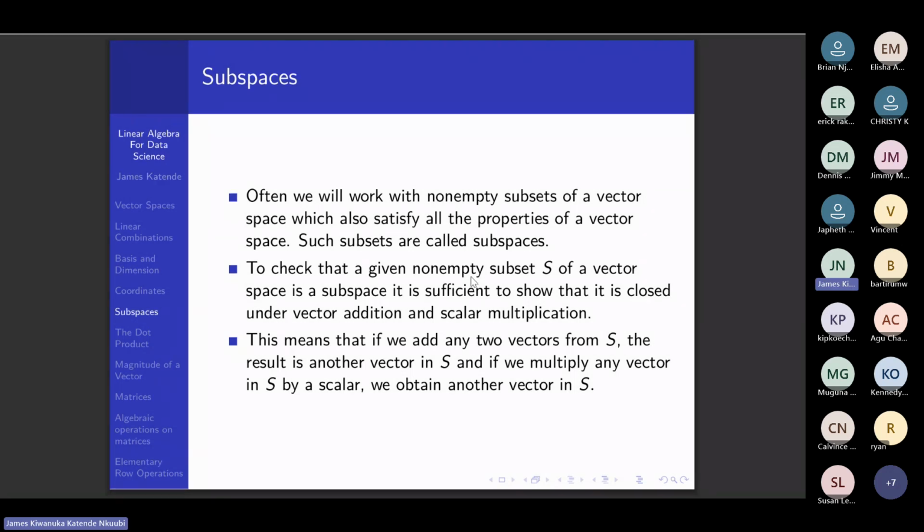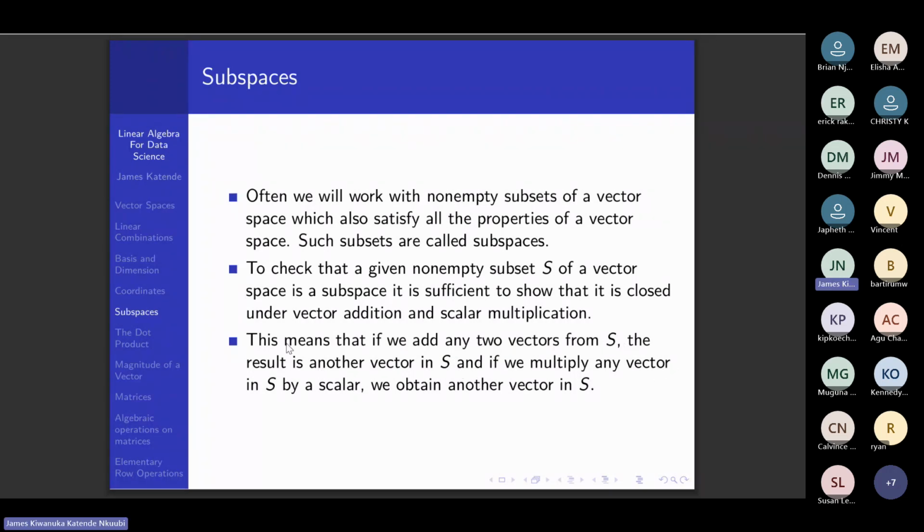So not all subsets are subspaces. We are just interested in the ones that are subspaces. So what does it mean when we say closed under vector addition and scalar multiplication? Under vector addition, it simply means if you pick 2 vectors from the subset, add them, you still get another vector in the subset.